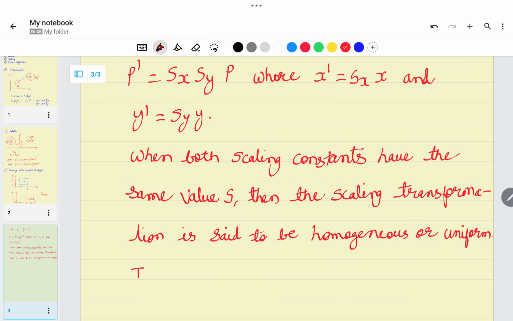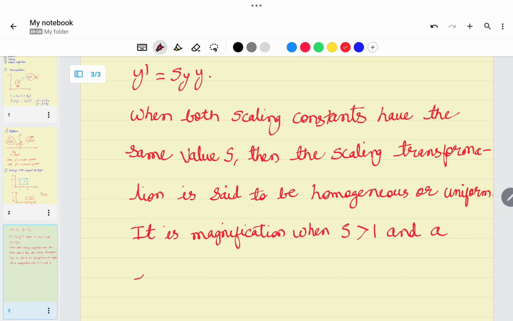It is magnification when S greater than 1, and a reduction when S less than 1.